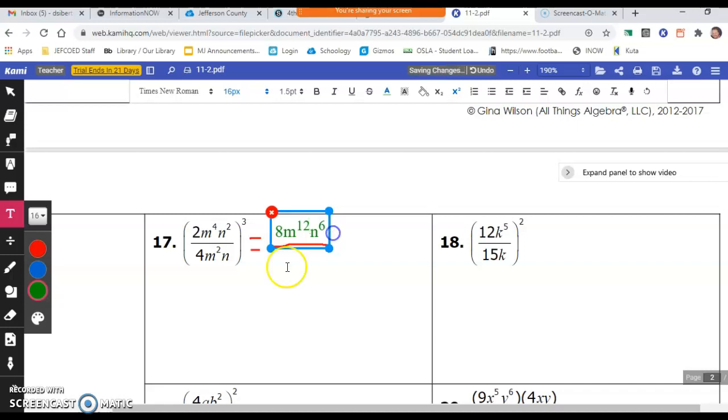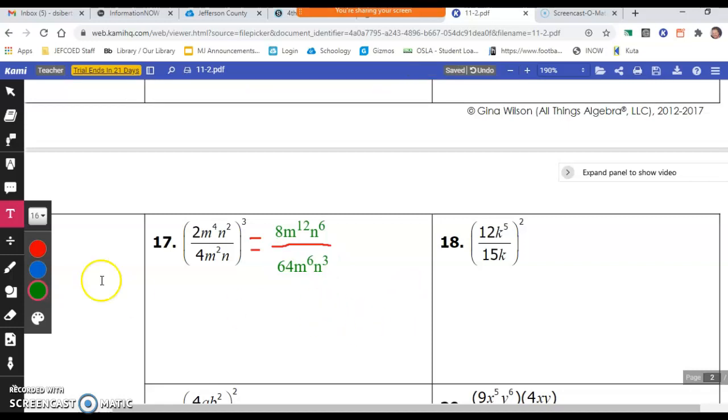Again, if you guys need to move or adjust that, we can. All right, down on the bottom, 4 raised to the power of 3 is going to be 64. M to the 6th and n to the 3rd. All right, we good there so far? All right, so not a whole lot going on differently than what we already know.